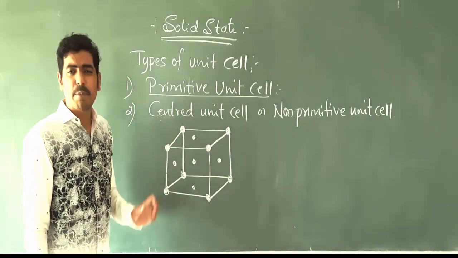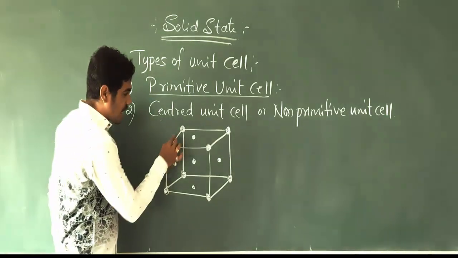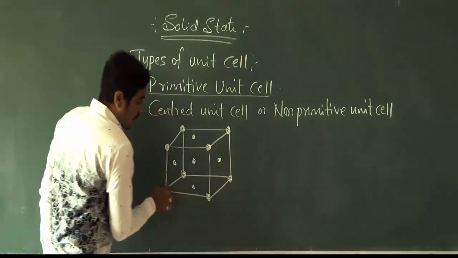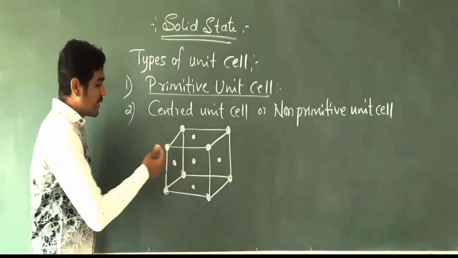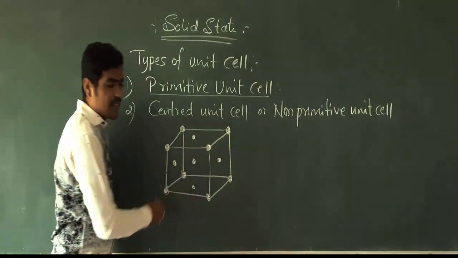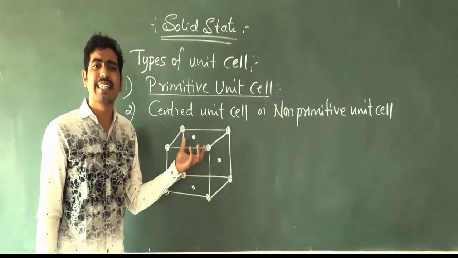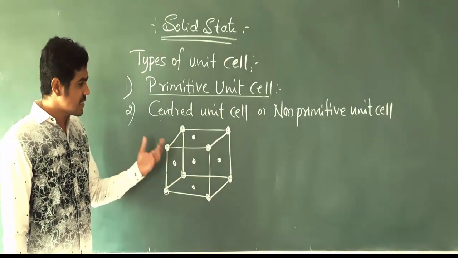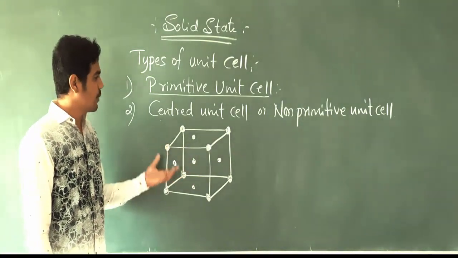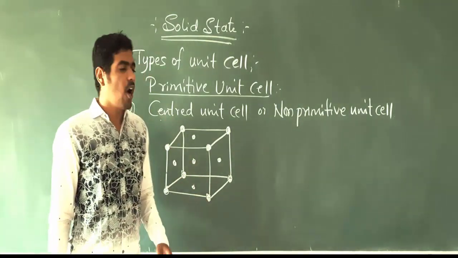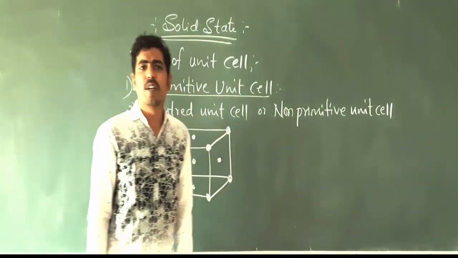So in this type of unit cell, the particles are present at the corners, and along with this, the particles are also present at different positions in that unit cell.